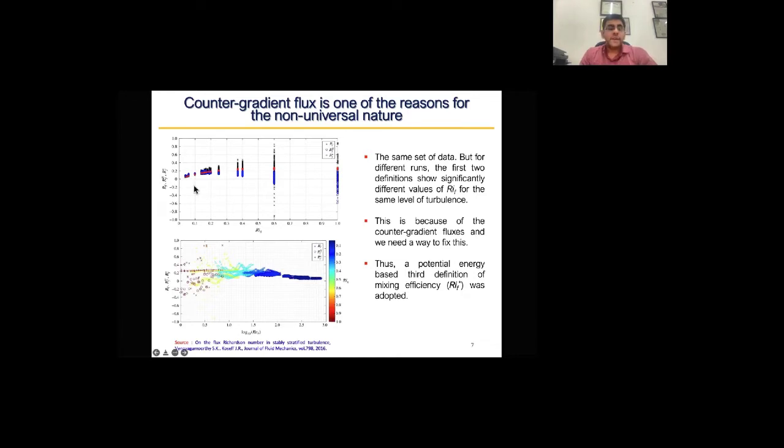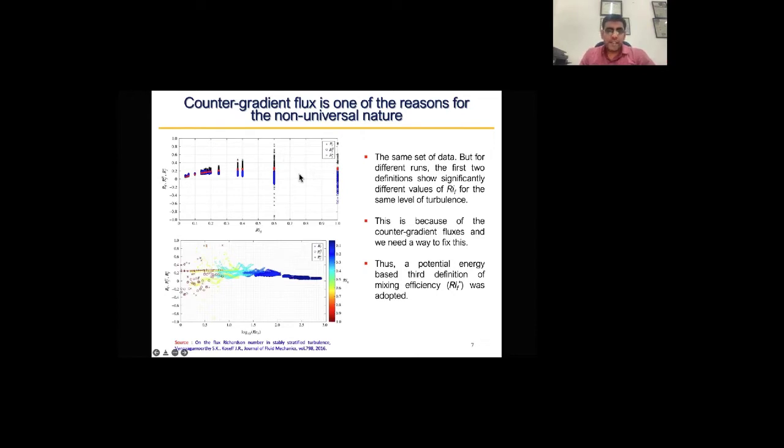I have not introduced the third definition yet, but I will do so right now. The third definition of mixing efficiency accounts only for the irreversible mixing that is happening and doesn't account for the reversible processes. That showed a lot of promise and some kind of convergence, where you say that some universal mixing efficiency value is being achieved.